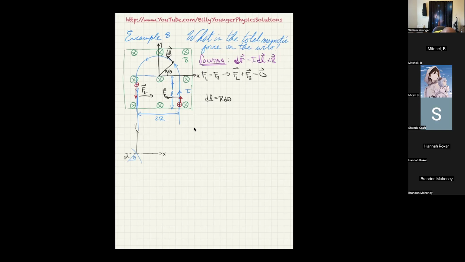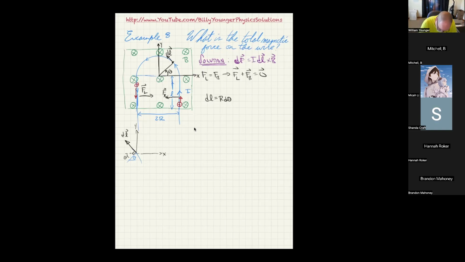And then perpendicular to that is this little vector dL. It has to be because it's perpendicular to the radial line. That's the definition of a circle. Does that make sense to everyone?